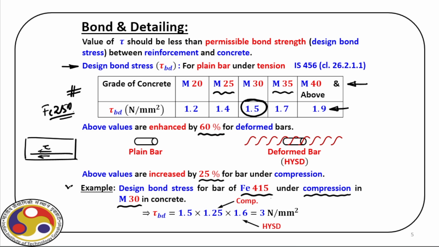So for this design problem, tau BD is 1.5 for M30 times 1.25, the 25% enhancement because of compression, and then because we use HYSD bar, another 60% enhancement. Ultimately for this case, we have a tau BD of 3 Newton per millimeter square. So you can see we can find out the bond strength tau BD as per codal provisions for different grades of concrete and different types of steel.